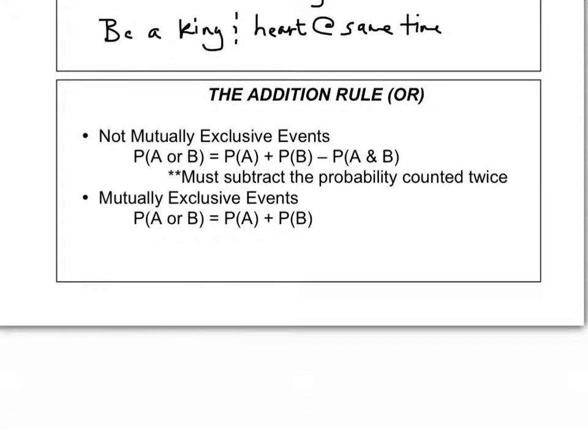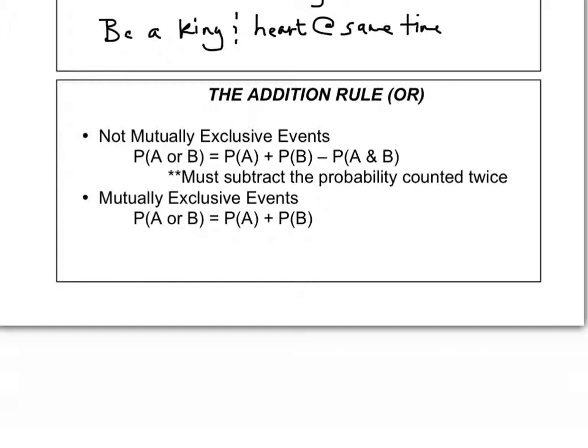On these probabilities, you're going to use what we call the addition rule. You'll notice you see the word or here. With the multiplication rule, you saw the word and. With the addition rule, you're going to see the word or. The very first thing we have to do is decide: is it mutually exclusive or not mutually exclusive?